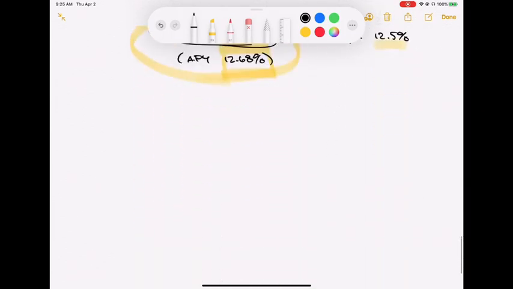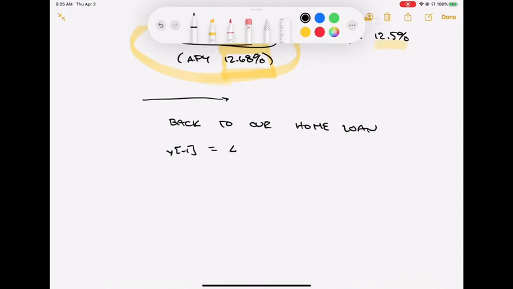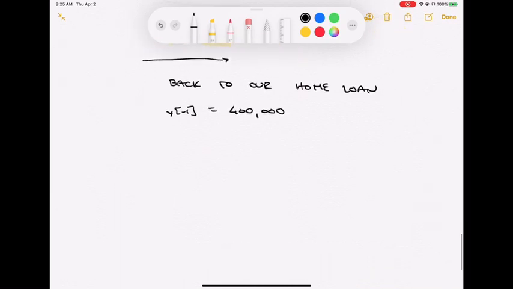So we need to get back to this loan, and we want to think now back to our home loan. If you remember, we had Y of -1 equaling 400,000. When you go in and negotiate a loan, one of the things you're going to negotiate is the interest rate.